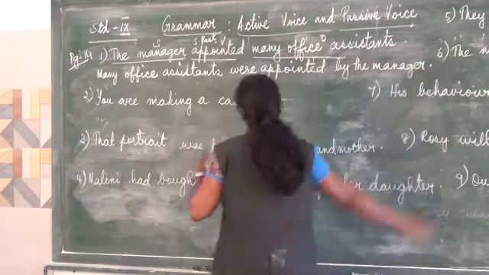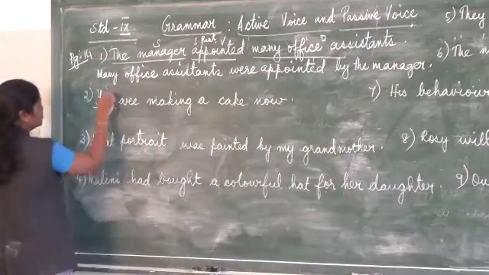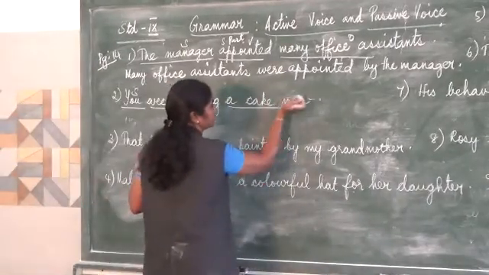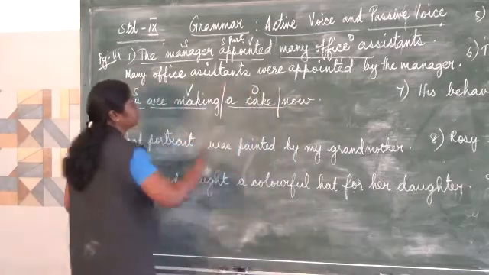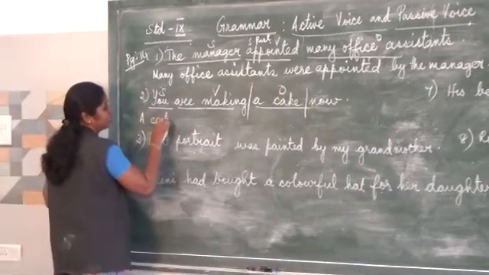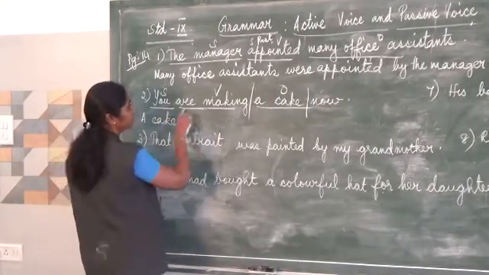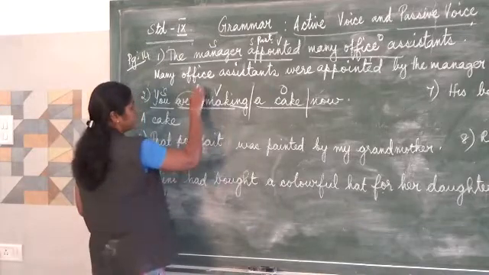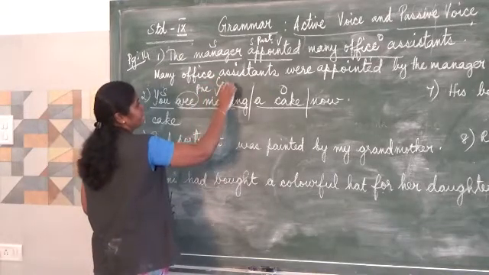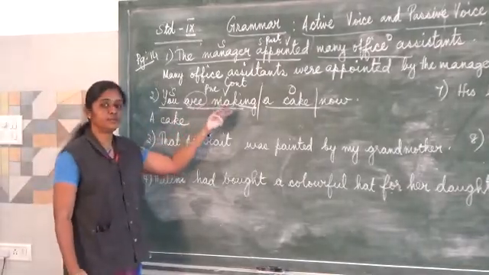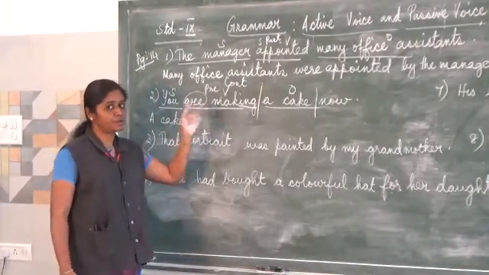manager. Now the second one: this is the subject, this is the verb, and this is, sorry, this is the object. So you bring the object, a cake. Now this verb is are making, be form plus ing, so it is present continuous. For present continuous, three answers are possible: am being made, is being made and are being made.